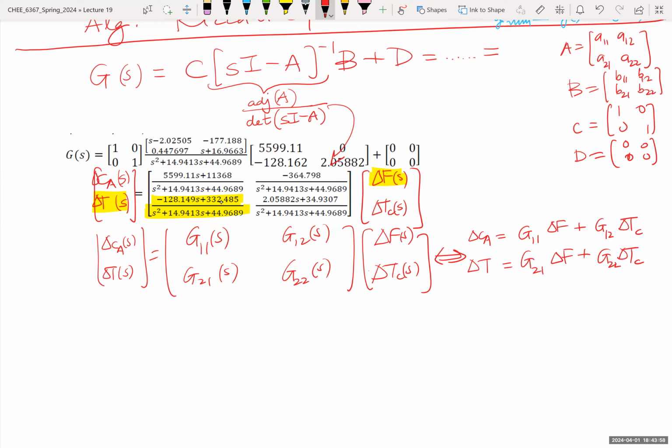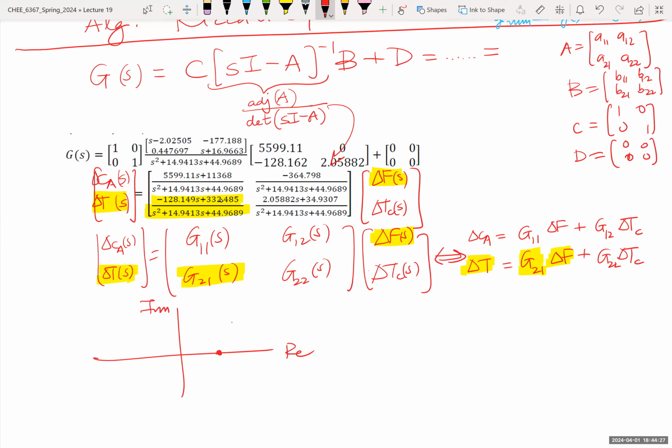So that transfer function G21, which is this one again, connects this to that. That transfer function has a zero, which is positive. It's in the right half of the complex plane. It's real, of course. This is real and imaginary. This zero is here somewhere.